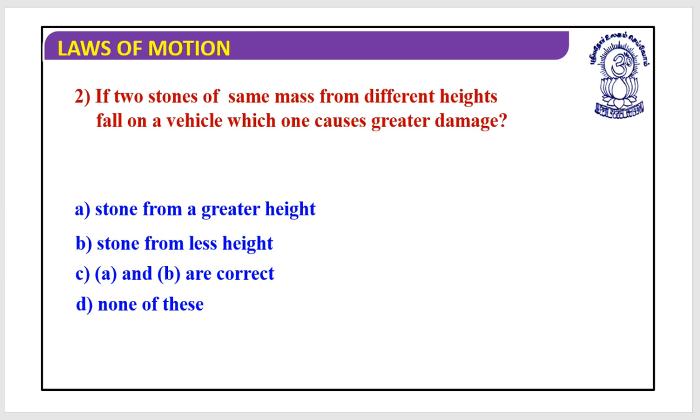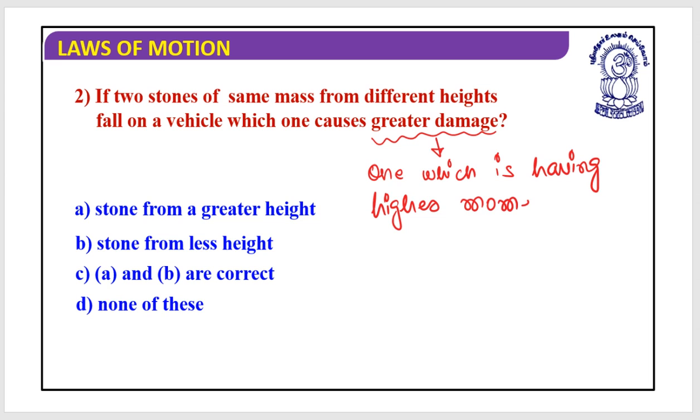Now let's look at the next question. If two stones of the same mass from different heights fall on a vehicle, which one causes greater damage? Greater damage can be created by the one which has higher momentum.